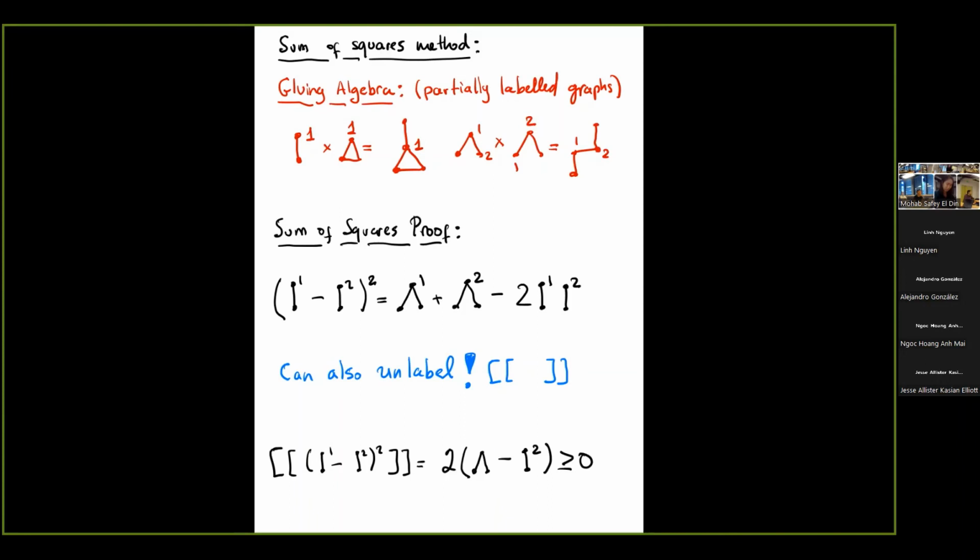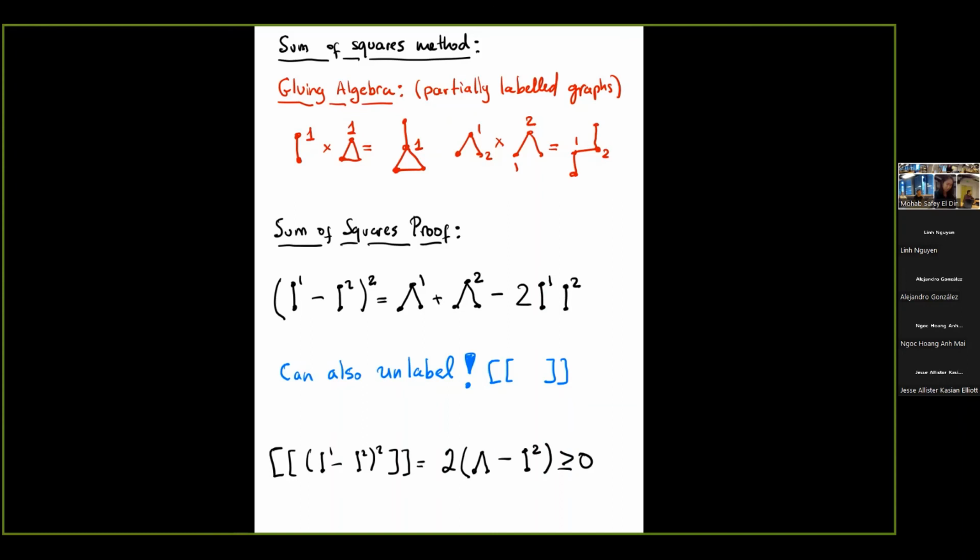Now if I take this square and I unlabel, these two unlabel to the same thing, which is the cherry. And this one unlabeled gives me two edges glued alongside each other. But this is the same as taking the square of an unlabeled edge according to my product rule, because if things are not labeled, I just put them alongside each other.